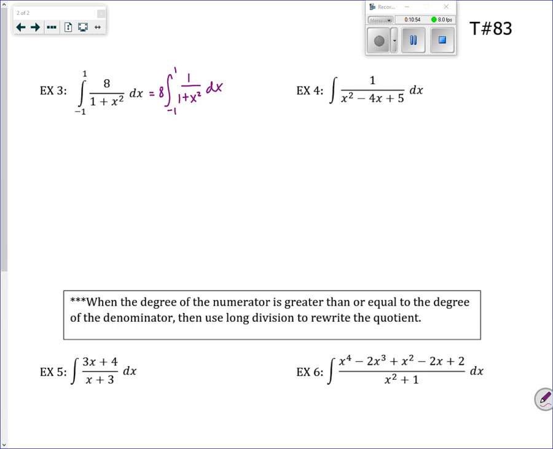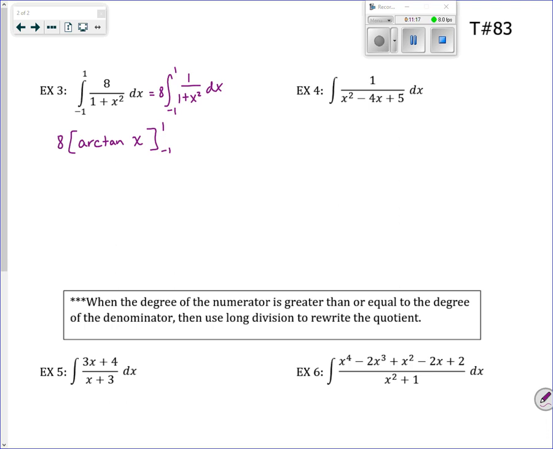Didn't we integrate 1 over 1 plus x squared on the front side? So hopefully you're like, oh, that's a piece of cake. That's 8 times the arctangent of x from -1 to 1.